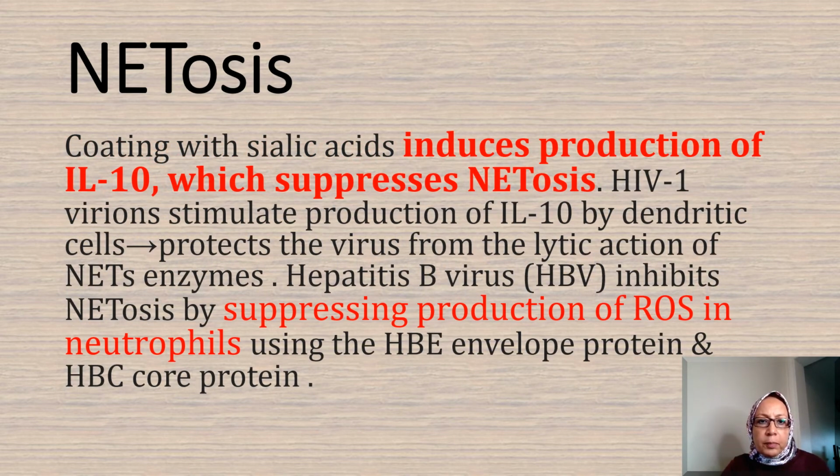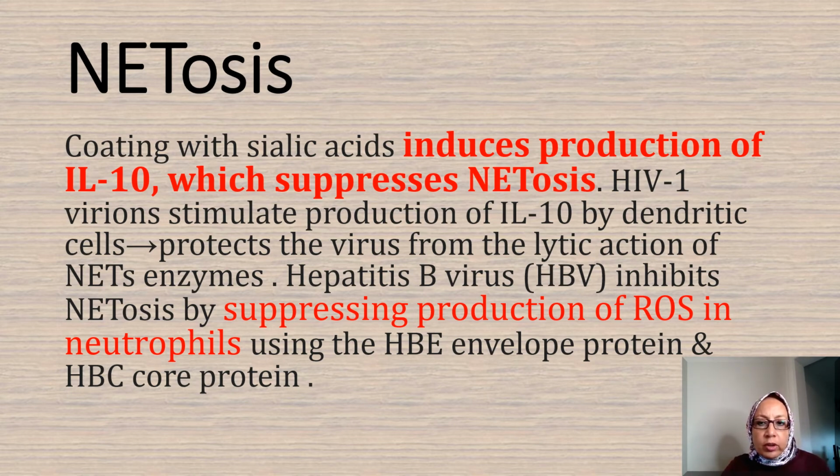In other bacterial species, coating with sialic acid induces production of interleukin-10, which will suppress the process of NETosis, and the same mechanism is used by HIV, the human immunodeficiency virus, through stimulation of production of interleukin-10 by dendritic cells, which will protect the virus from the lytic action of NET enzymes.